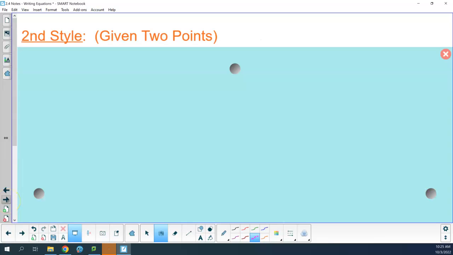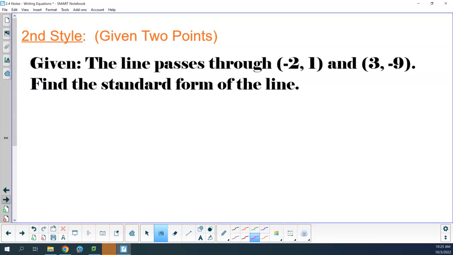Okay. Second style is where you're given 2 points. The first thing you're going to do is find the slope, because in point slope form, slope intercept form, or standard form, you've got to have the slope.